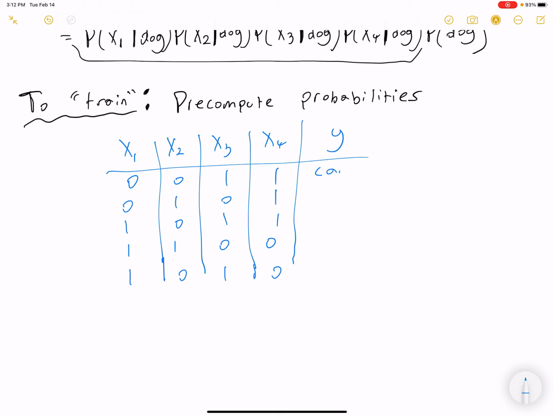And let's say we're predicting car versus bike. We're not really specifying what the features mean, but x1 might be presence of 2 wheels, true or false. x2 might be color is red, things like that.